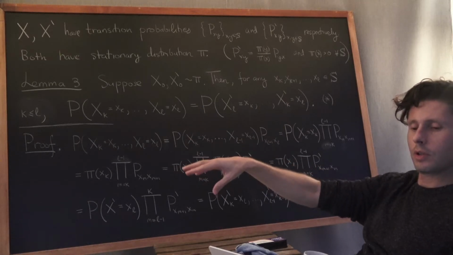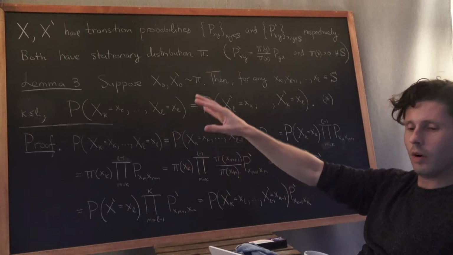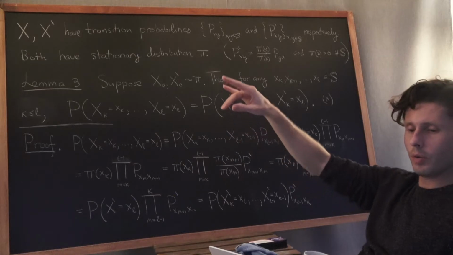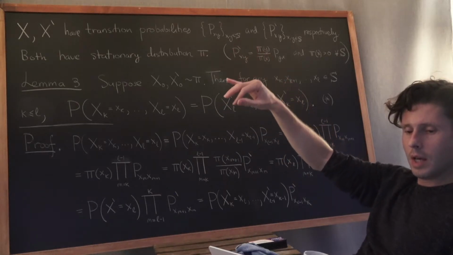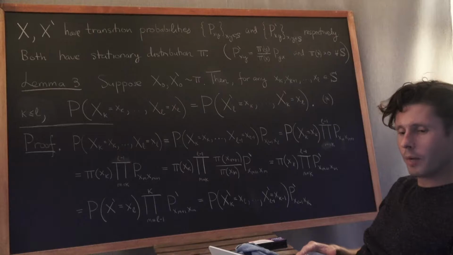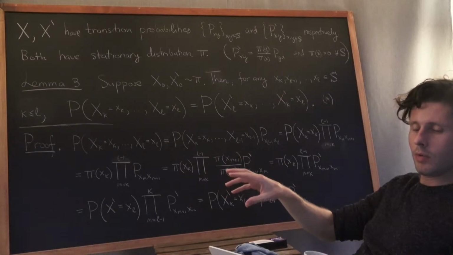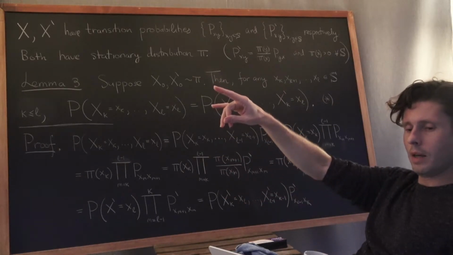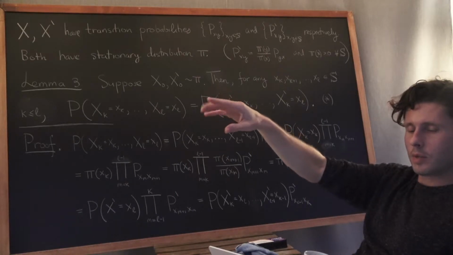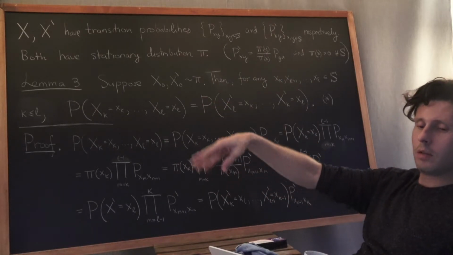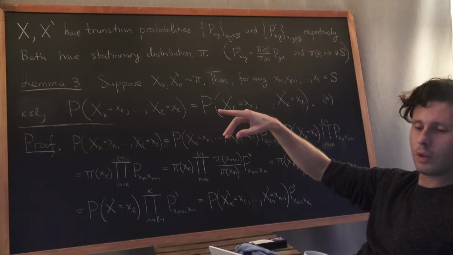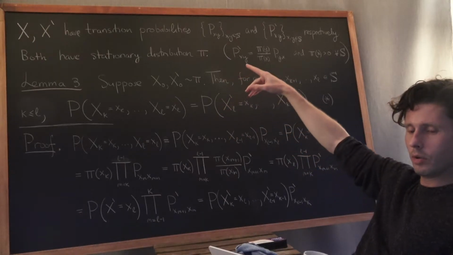It starts at that state, and then evolves according to its transition probabilities, which are the pxy's. Then you do the same thing for x prime. You sample a random state from the distribution pi, start x prime on that state, and move according to its transition probabilities, the p primes.